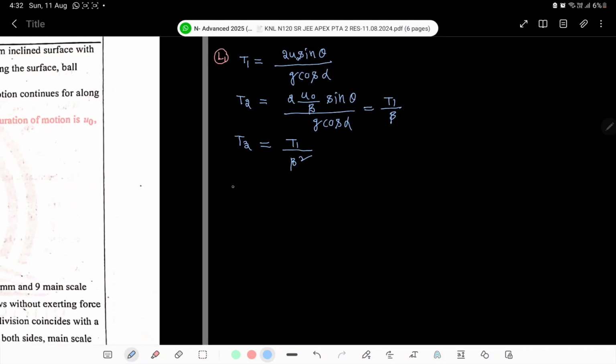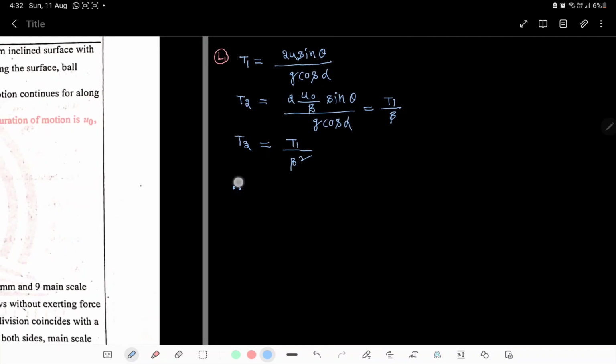Therefore I can write the total time as t1 into 1 plus 1 by beta plus 1 by beta square and so on.